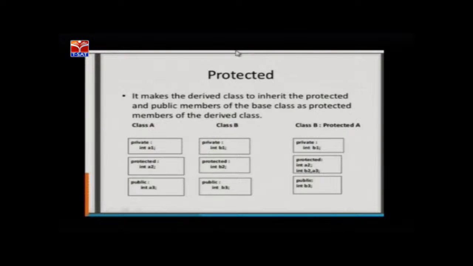As we are looking at the figure, the protected members and the public members of the base class are becoming the protected members of the derived class, while the private members of the base class remain the same.